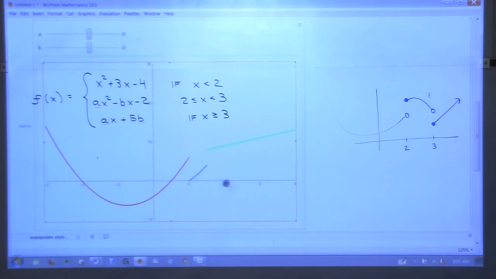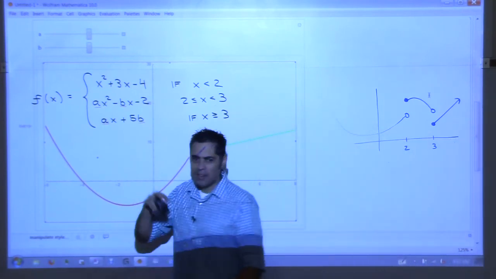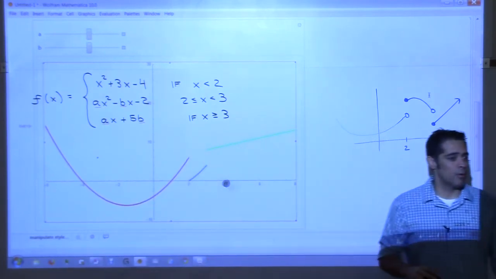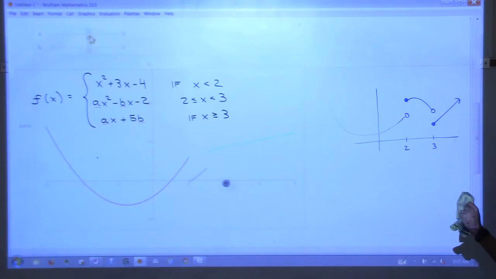Okay, so here's the same picture that I drew over here, all right? But I'm having the computer actually plug in some values of A and B for me. And so what we're trying to figure out is what happens if I change A. Now watch what happens with the shape of these things as I change A. Do you see those things moving around?